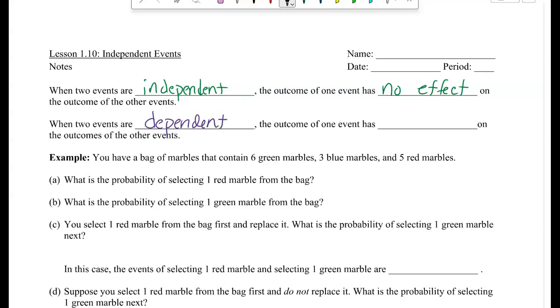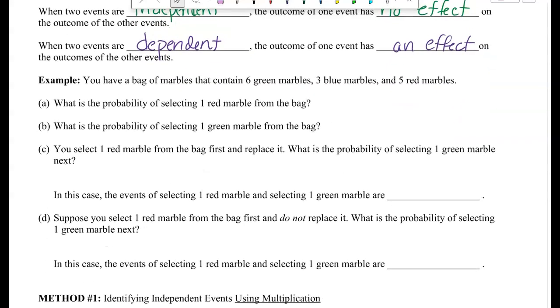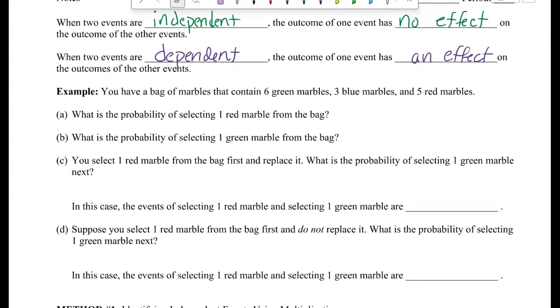Doesn't one depend on the other, right? So there is an effect. Now, I'm going to give you some examples, and we're going to decide if something is independent or dependent just naturally. And then we're going to do mathematical ways so you can always prove it no matter what, if something's independent or dependent.